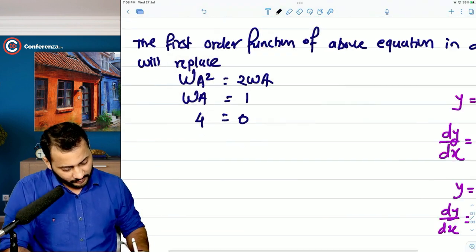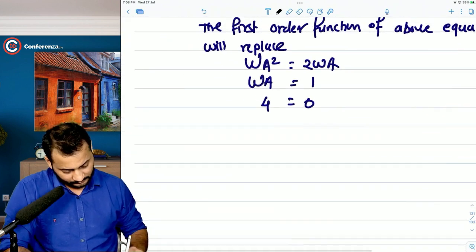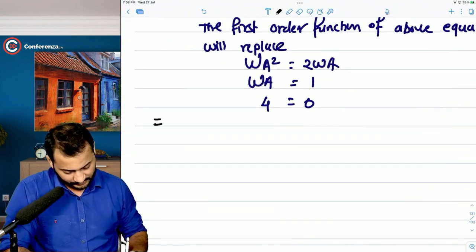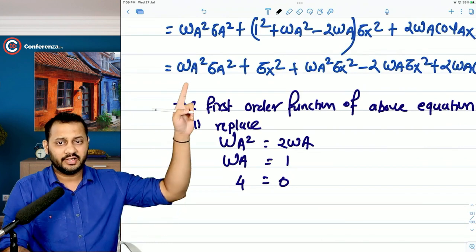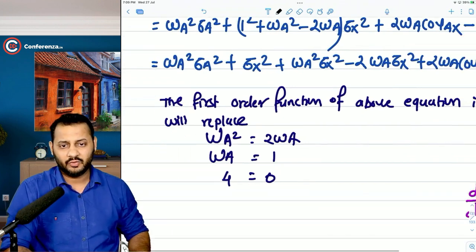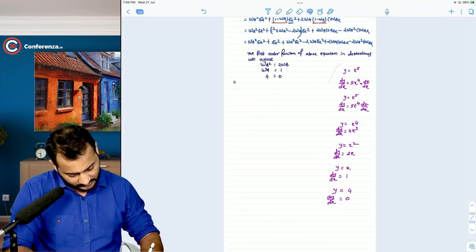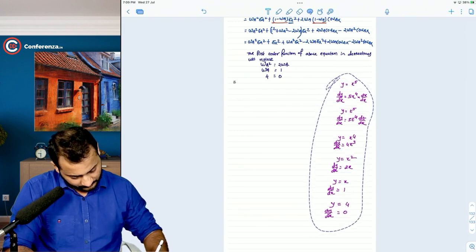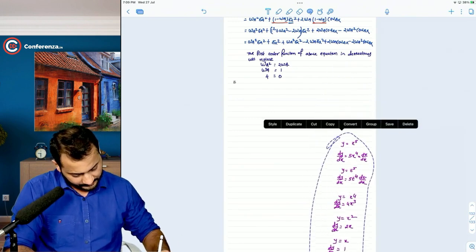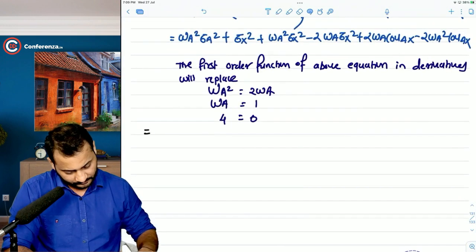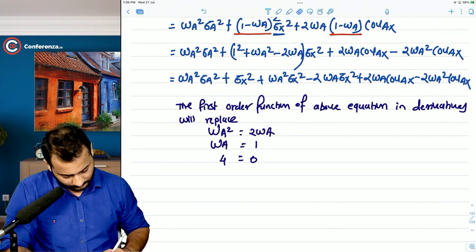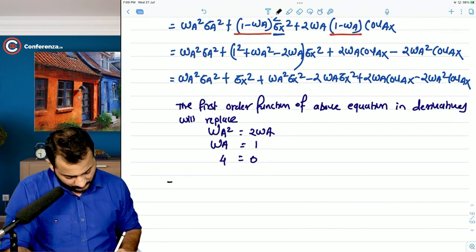Let's write down from this point now. See, the first is the weight of a square, the standard deviation of a square. How are you going to write it down?